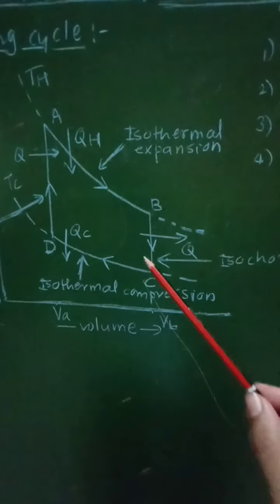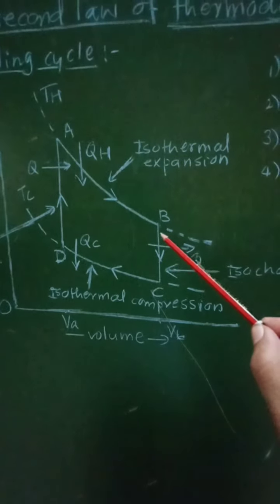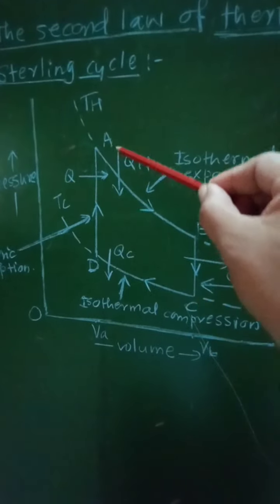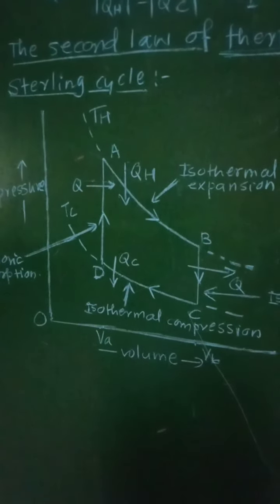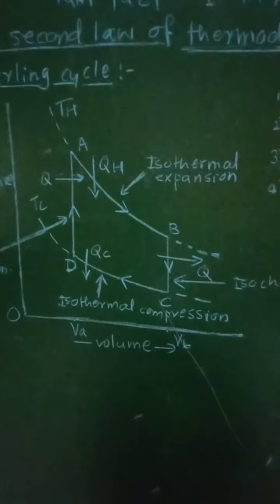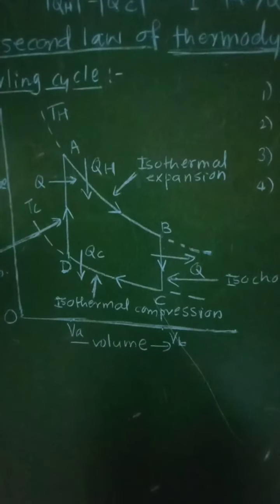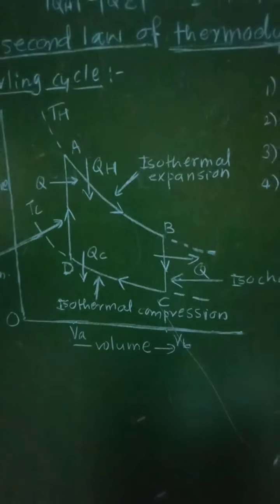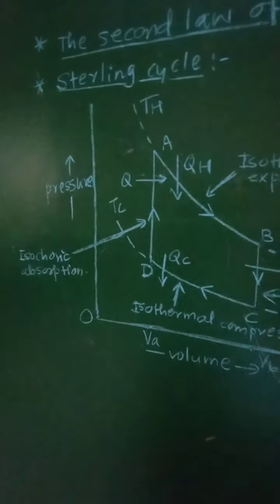Similarly, two isochoric processes for two parts, that is BC and DA. So out of these four processes, two are isothermal and the remaining two are isochoric processes.